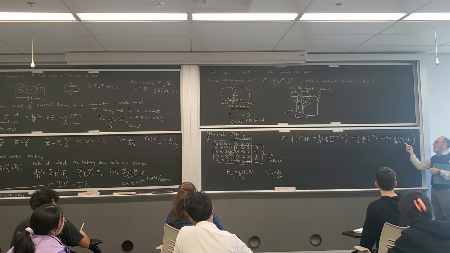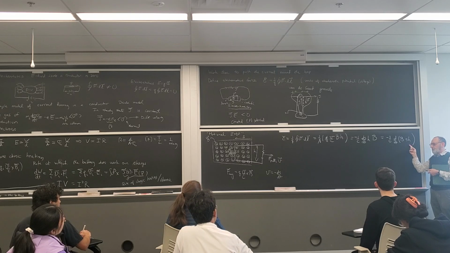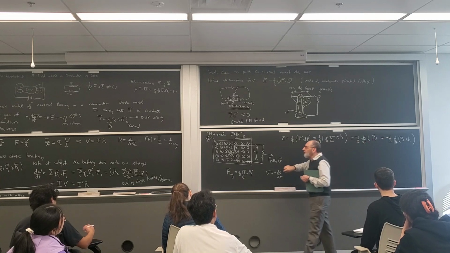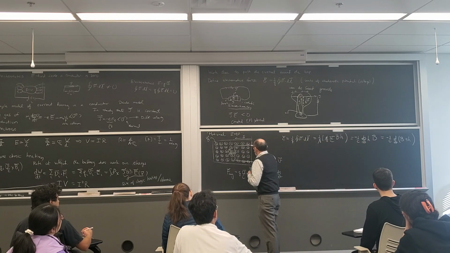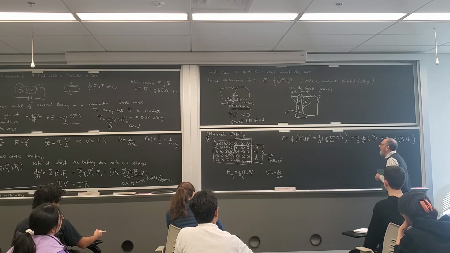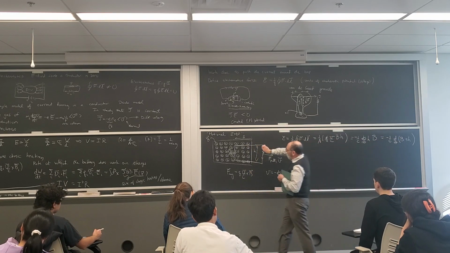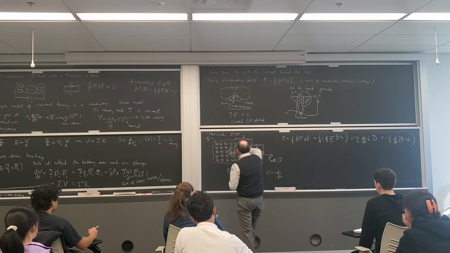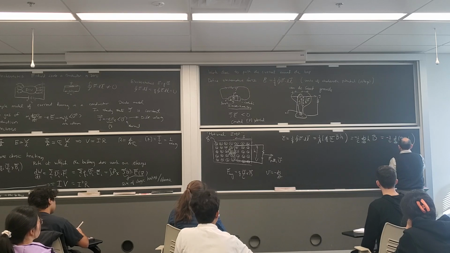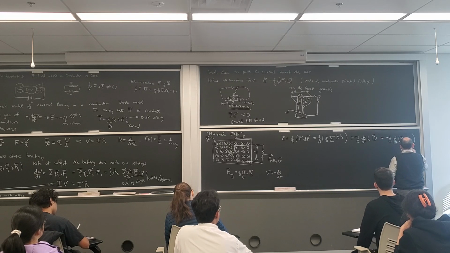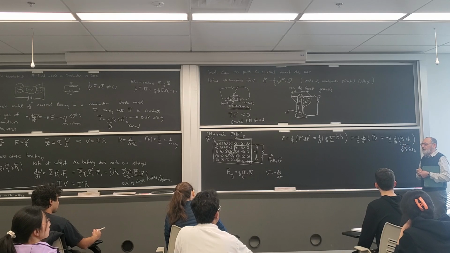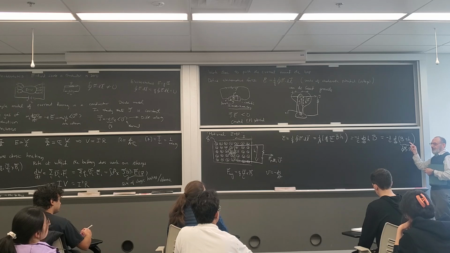Okay? But what this is equal to is the flux of the magnetic field through this closed loop, right? So the flux through that loop, if I'm going this direction, this is the area.